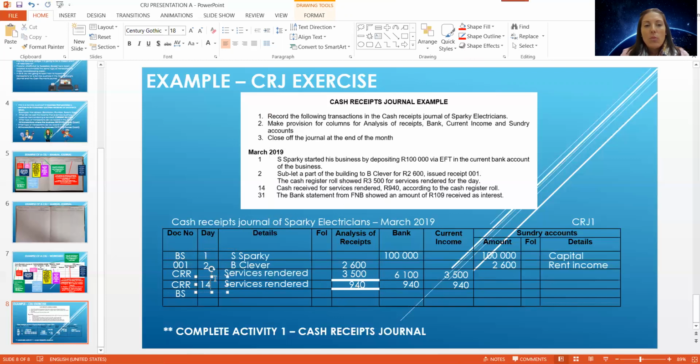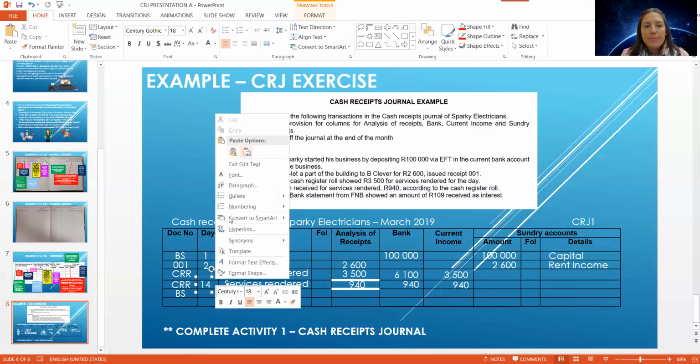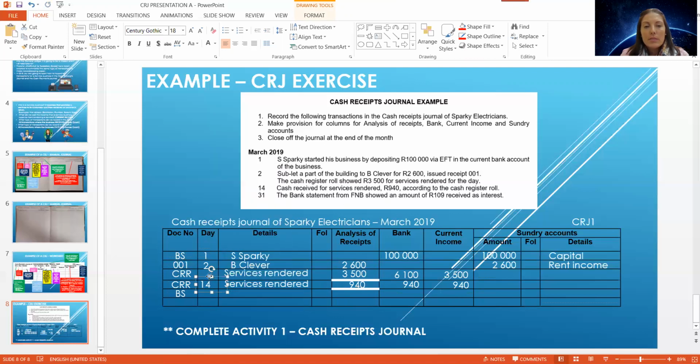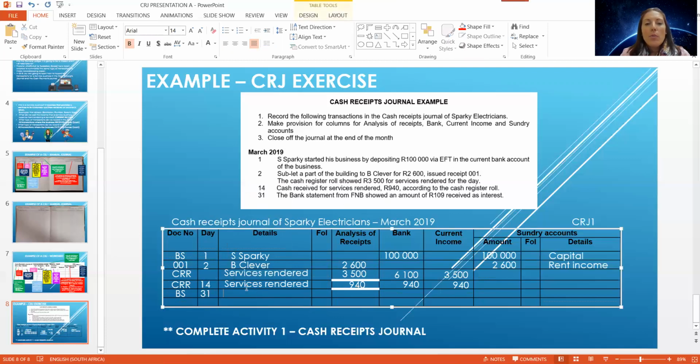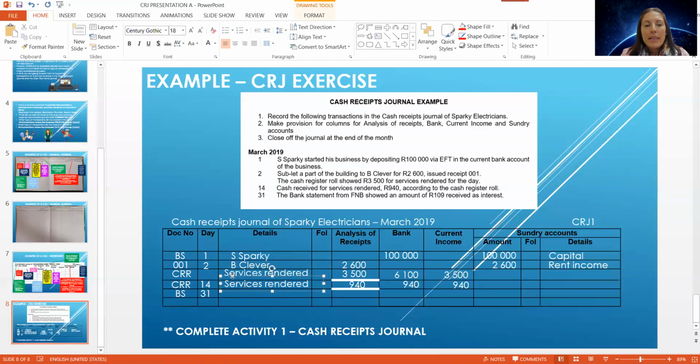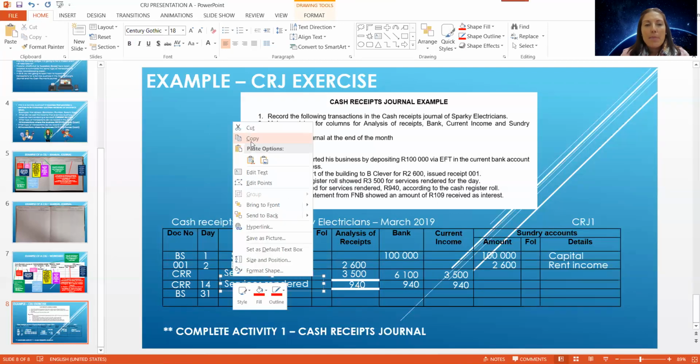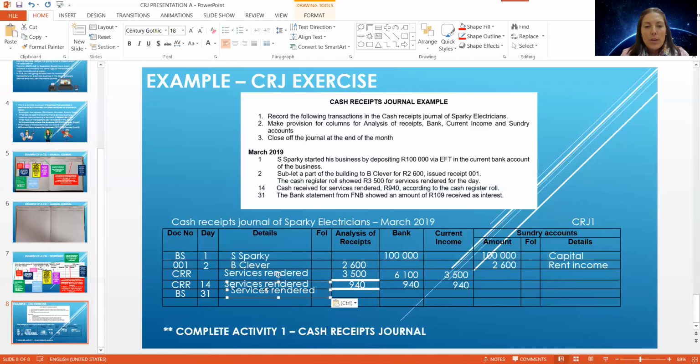The day was the 31st, so we can write that into the day column. And then from whom did we receive this money? From FNB. That is the bank that we have our bank account with. So in the details column, you're going to write FNB.